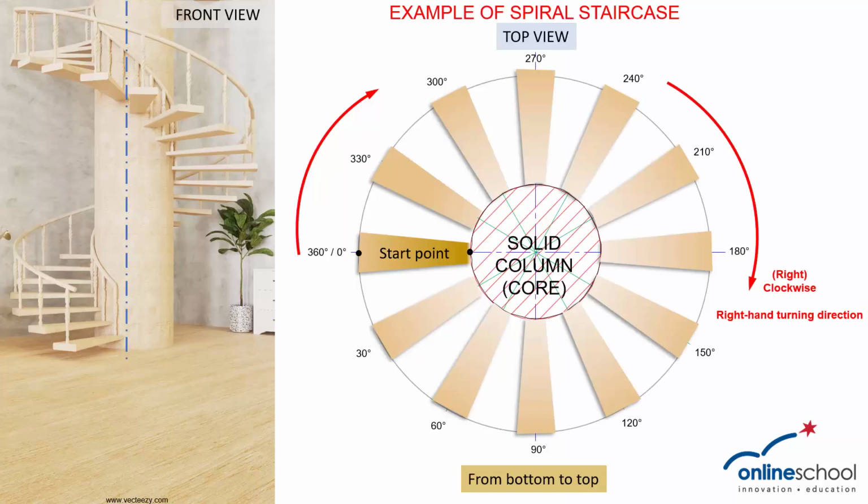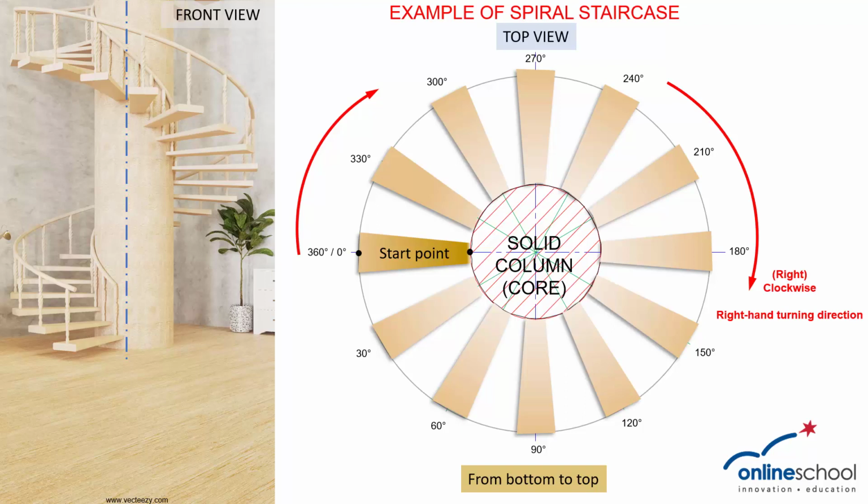So here is an example of the top view of this staircase, where we notice the solid column, which is also known as the core, in the center. We have an inner and an outer diameter, the inner diameter being the point right at the column, and the outside diameter, which is the maximum reach of the helix, or in this case the staircase.